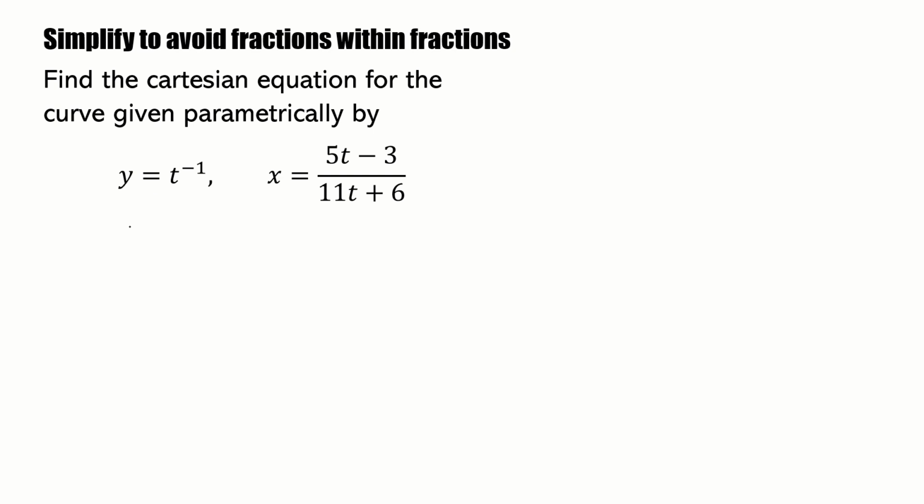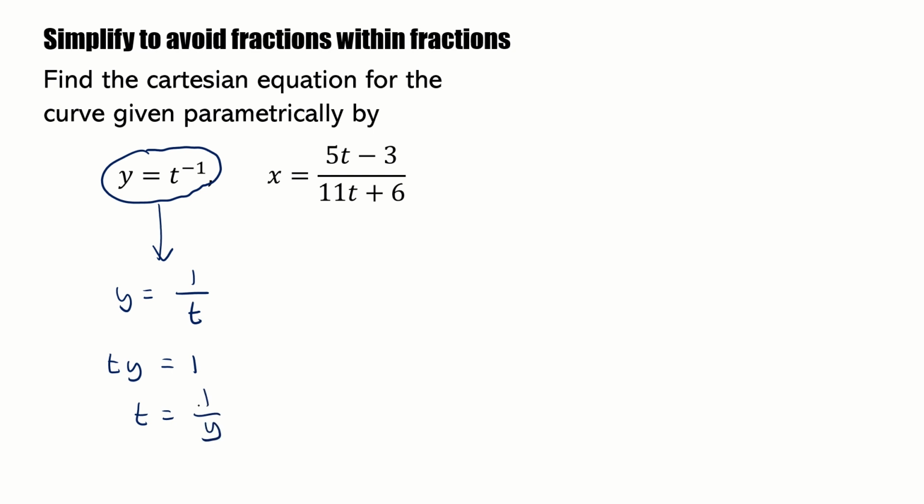So, as usual, the first thing we can do is be tactical, pick one of the equations, rearrange it to make it t equals. Of course, this is going to be the much easier one to do, so therefore I'm going to start by realizing that t to the power minus 1 means 1 over that thing. So therefore, we could multiply both sides by t, we could divide both sides by y, and there you go.